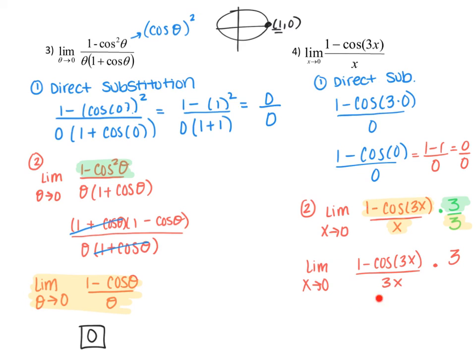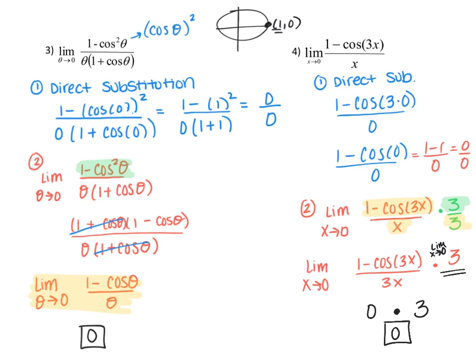So this whole limit, by definition, is 0. And then when we take this limit as x approaches 0 of a constant, that limit is just the constant. So that limit is 3. So 0 times 3 is not 3. 0 times 3 is 0.